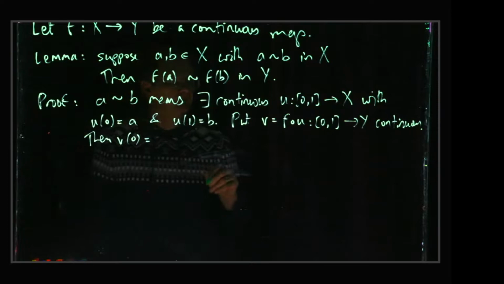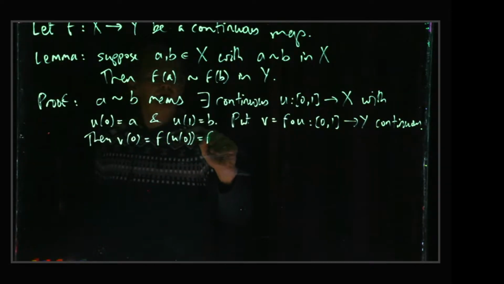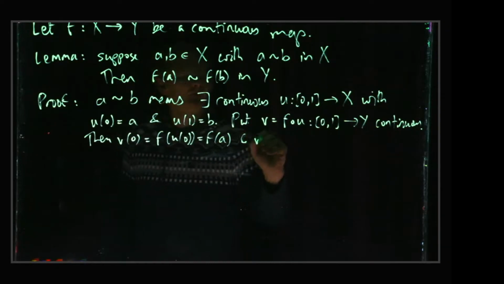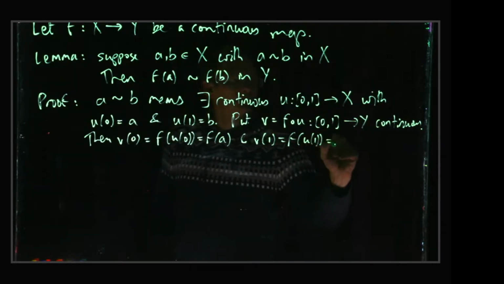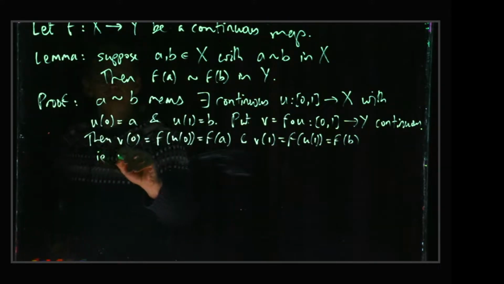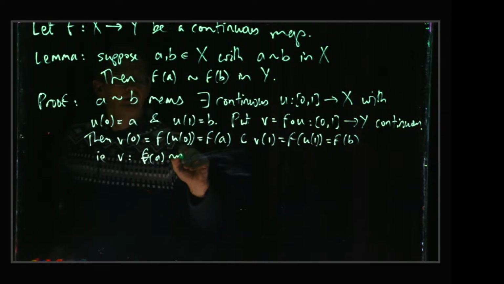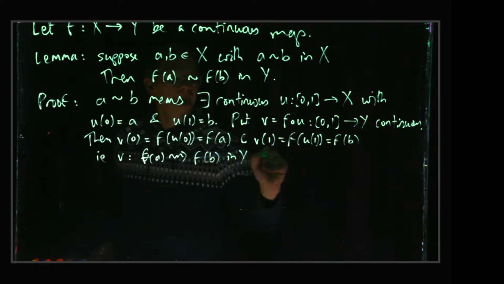Then what's V of 0? That's f of U of 0, f of A. And V of 1 is f of U of 1, which is f of B. So that's a path from f of A to f of B in Y, as required.